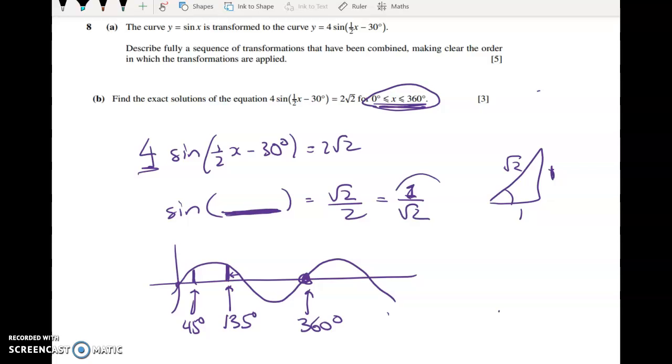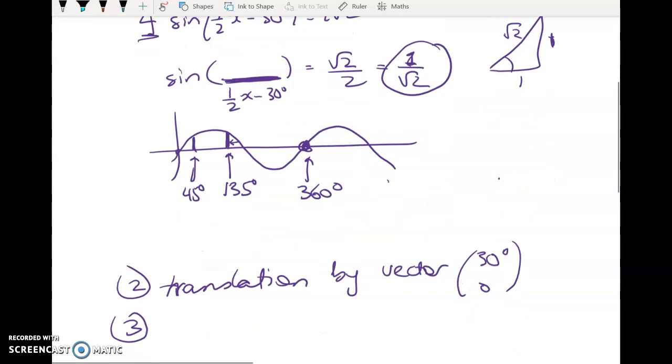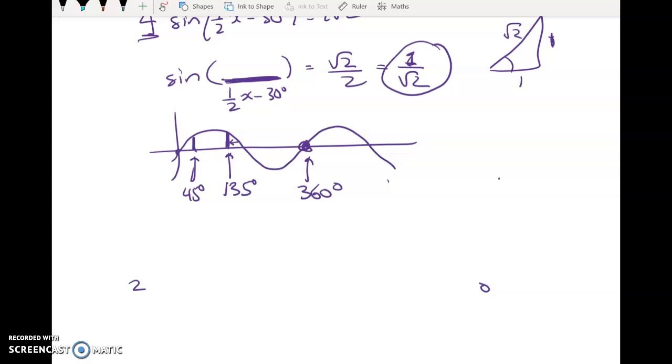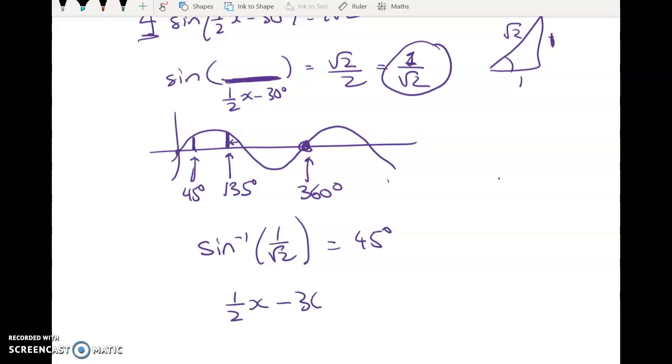So think about what are the solutions here, and then to undo the half x minus 30. Just get rid of that mess from the last question. So sine inverse of 1 on root 2 is equal to 45 degrees. So what we're looking for is a half x minus 30 degrees is equal to 45 degrees.